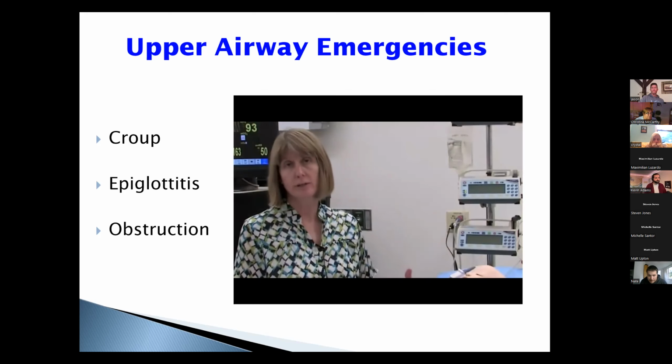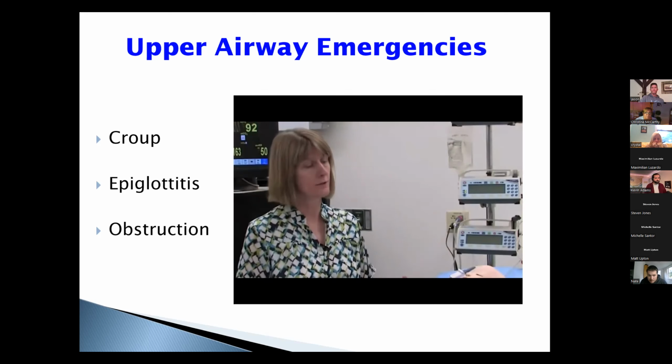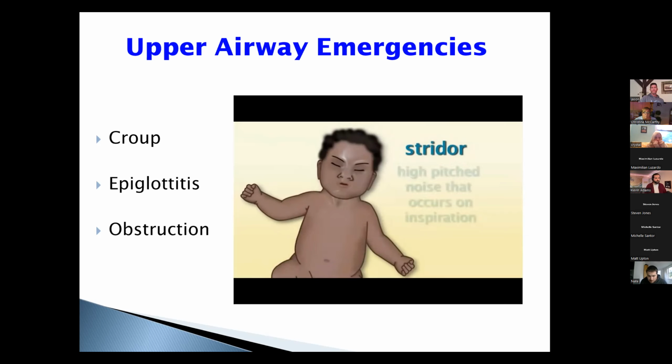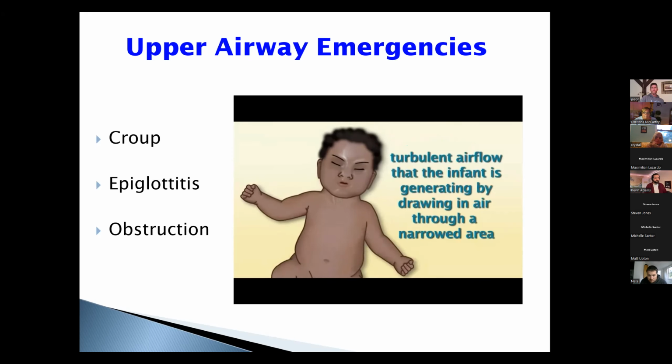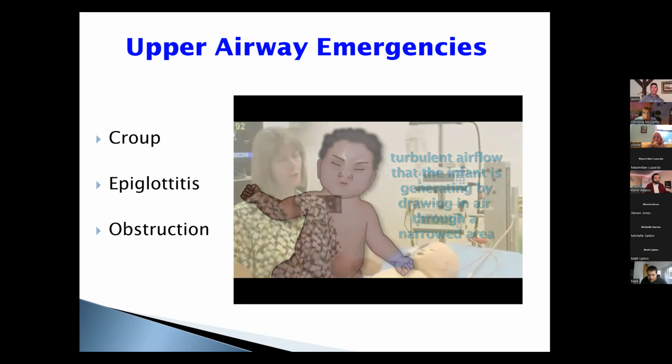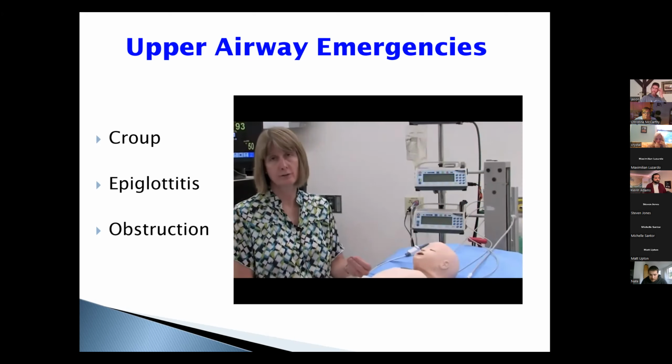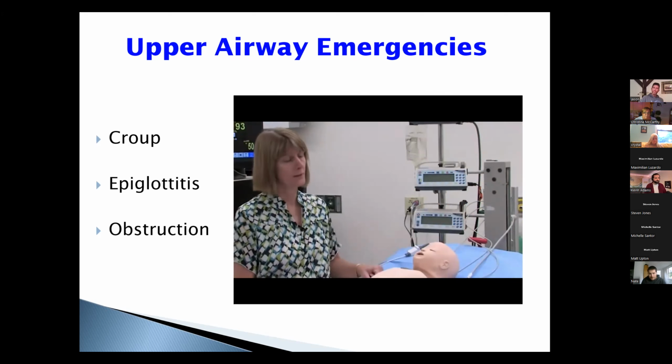And there's a characteristic noise that may accompany this called stridor. Stridor is a high-pitched noise that occurs on inspiration and is essentially the noise of the turbulent airflow that the infant is generating by drawing air in through a narrowed area.